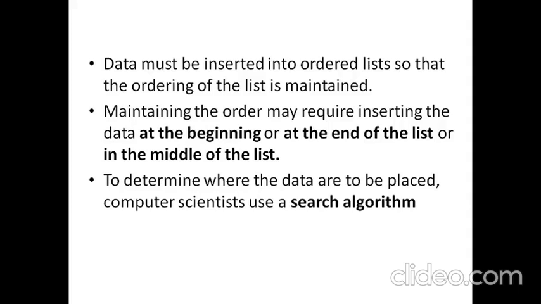So once you reach the first larger value than the element you want to insert, you stop the search with that element and you insert the new element before that element. That's all. That is the idea of a search algorithm, identifying the correct position for the new element.